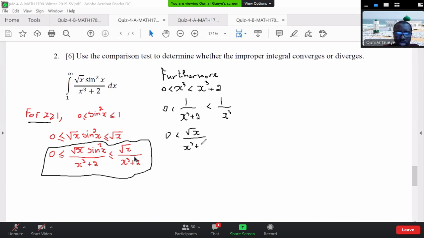So to get this line, the one I'm writing, I just have to multiply the second last, which is going to be 0 here. You multiply this function in the middle by root x, you will get this function, which is less than root x over x cubed. And you guys see this function in the middle is just this function on the right. Okay.